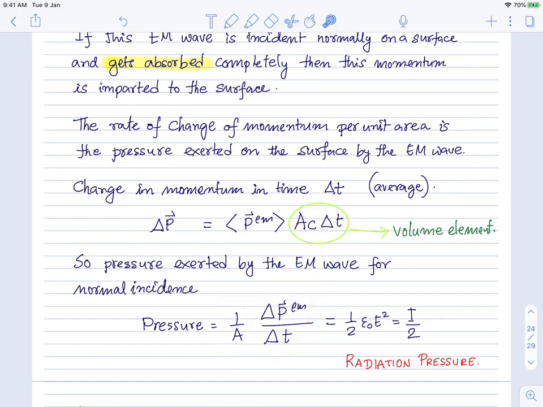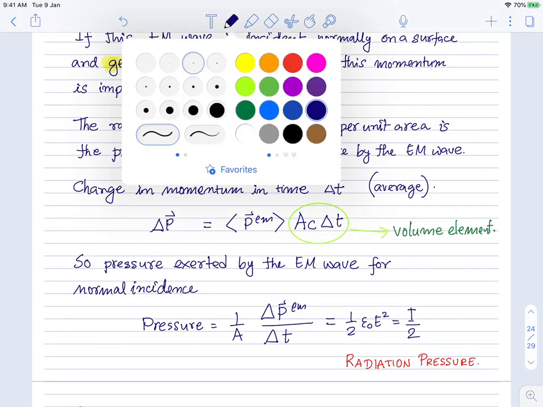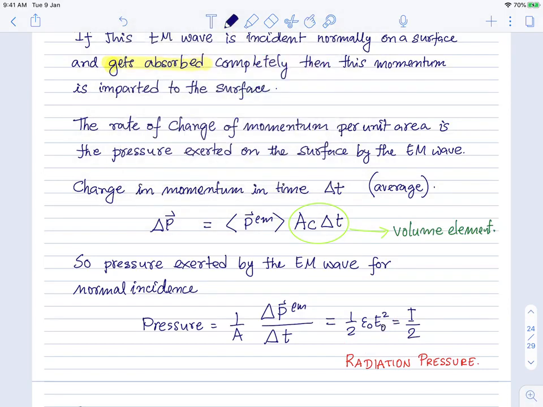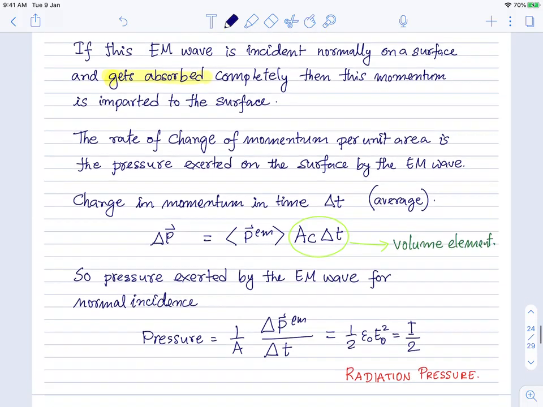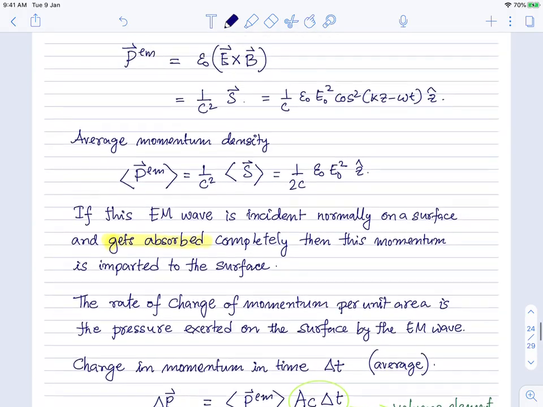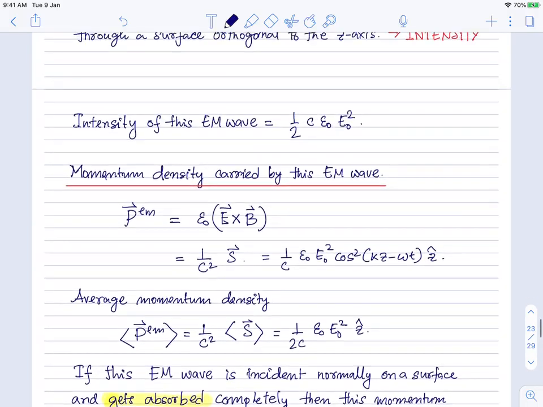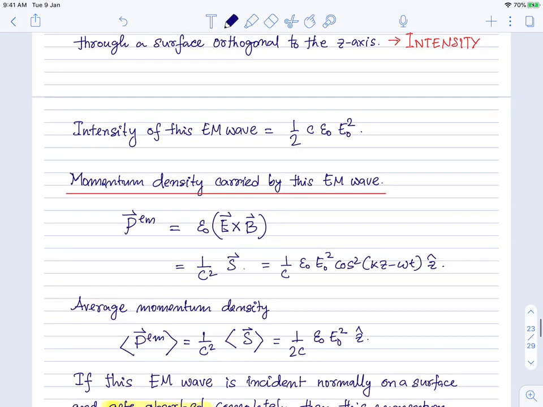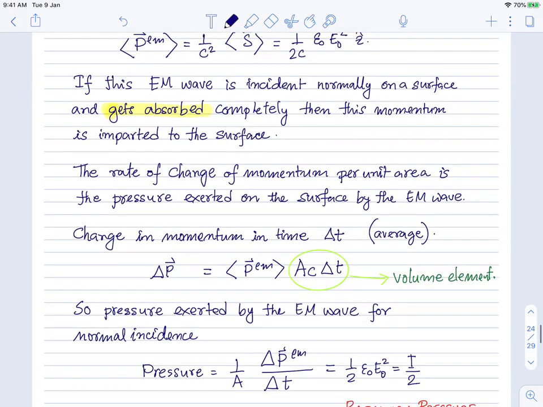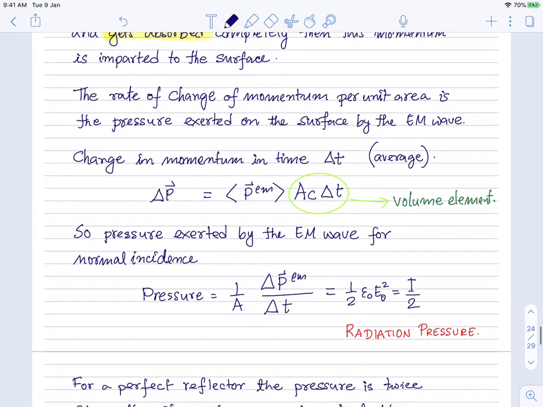If you plug in everything, we get half epsilon naught E naught squared, where E naught squared is the amplitude squared. And if you check the expression for intensity, it is half epsilon naught c E naught squared. So this is just intensity by c.